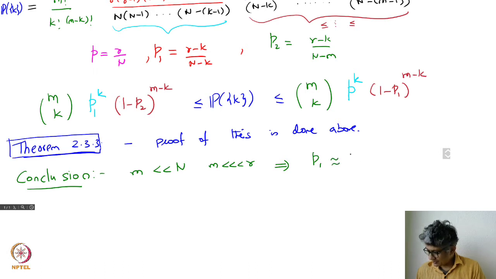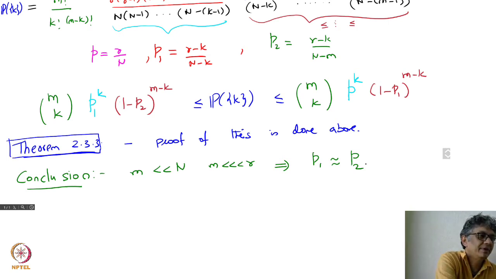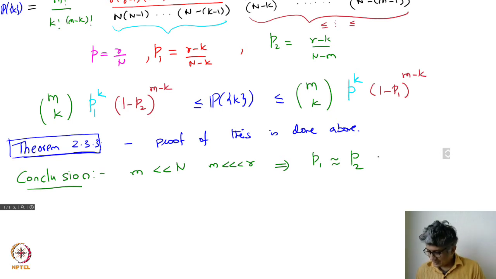So there's no problem, because m really doesn't matter. K is something between 0 and m, and this doesn't really matter.